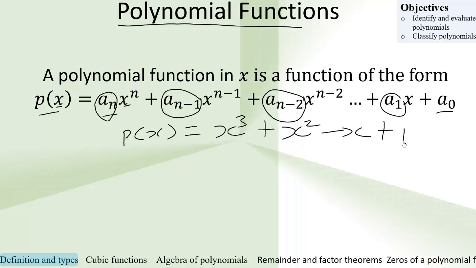So let's say this is 2x cubed. So in this case, the constant coefficients are 2, we have 1 here, we have negative 1 here, we have 1 here.